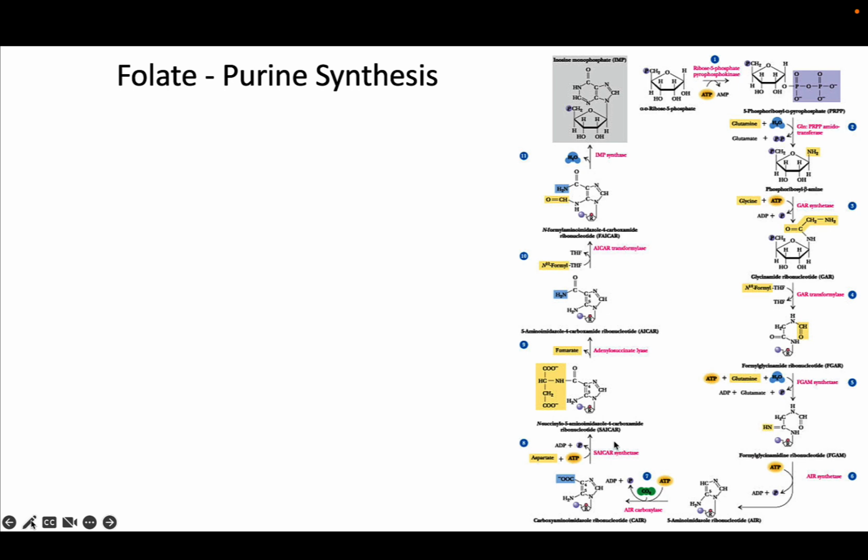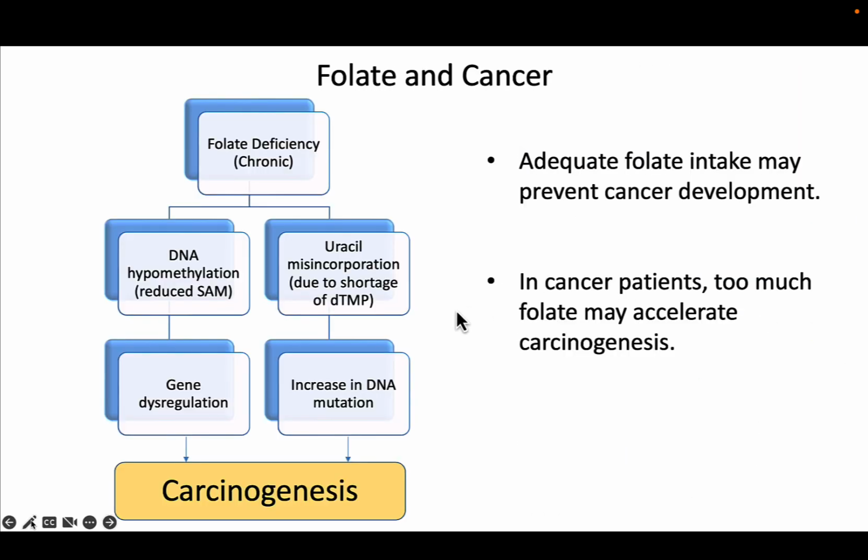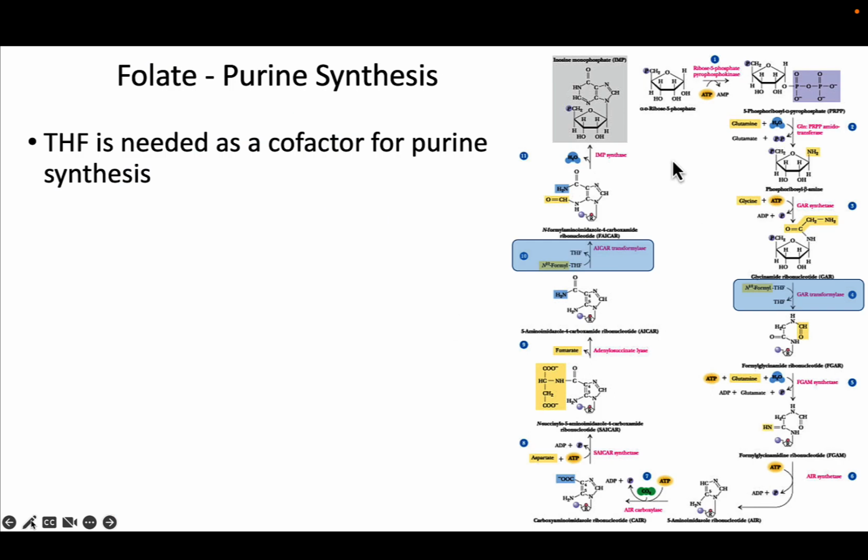For purine synthesis, so making DNA bases, we need tetrahydrofolate as a cofactor at a number of steps. So I've kind of got them highlighted here in blue squares. And you can see there are a lot of steps involved in creating these ring structures. So we start with a ribose 5-phosphate, which would come from the hexose monophosphate shunt, because remember we make pentose sugars there.